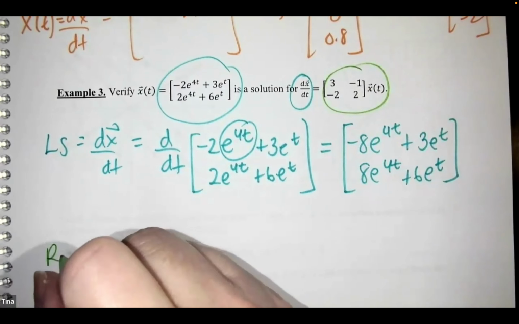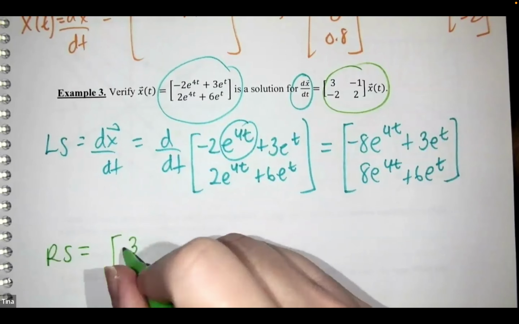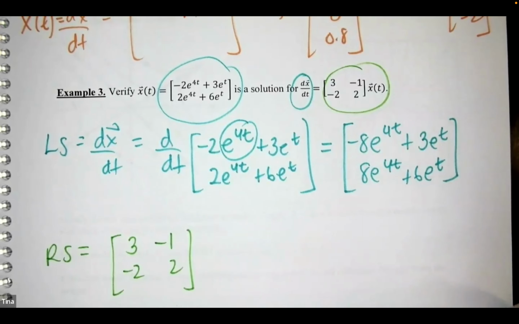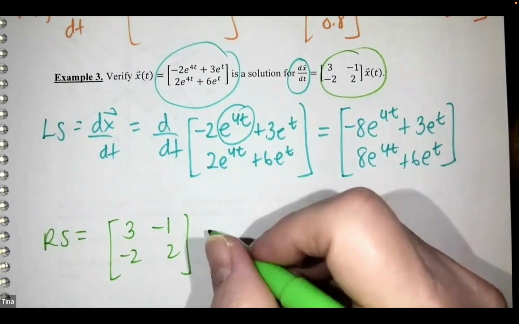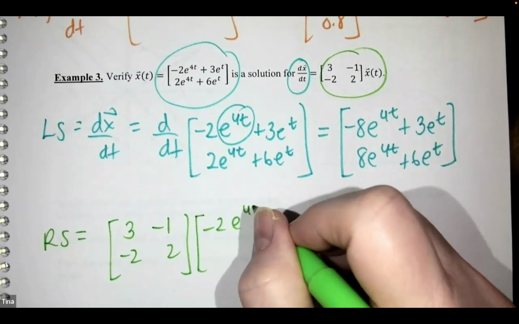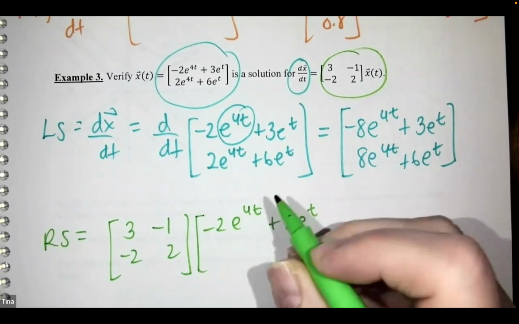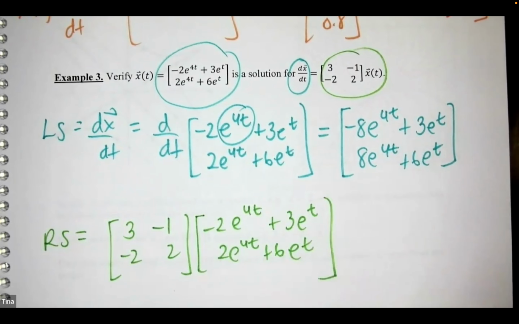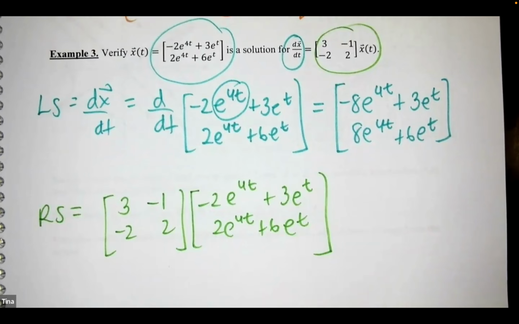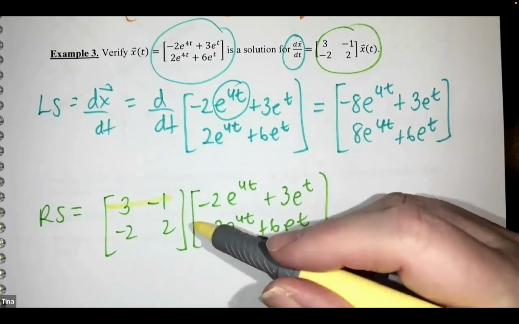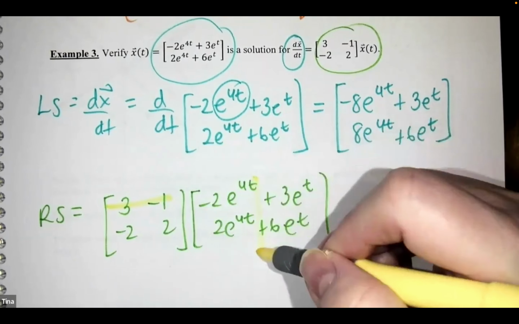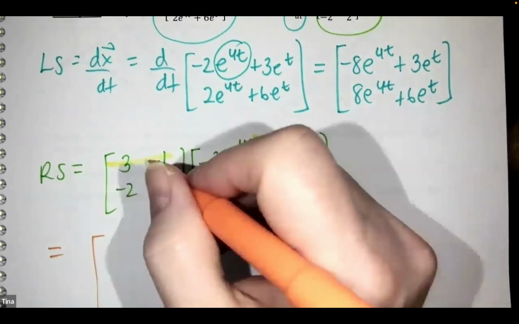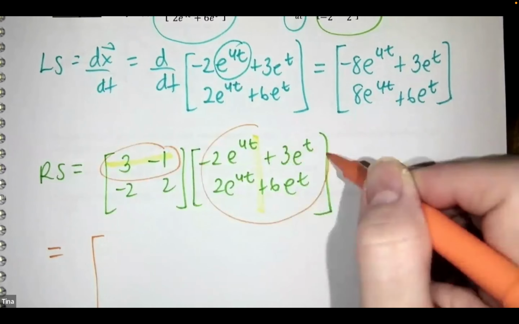Now we have to show that it's equal to the right side. So if we take this matrix, 3, negative 1, negative 2, 2, times x of t, well, x of t is right here. And again, you're looking at this row dot this column, just multiplying like we did before, right?